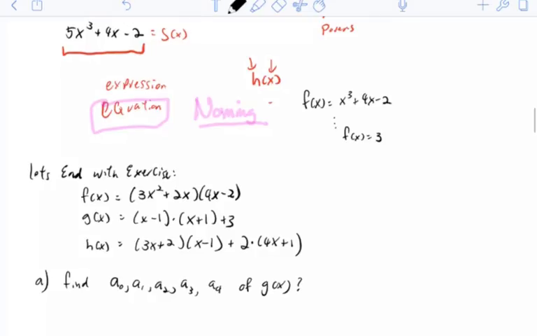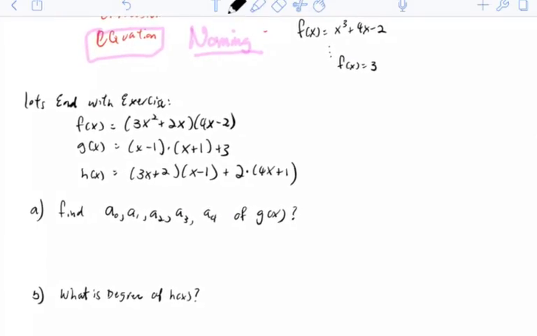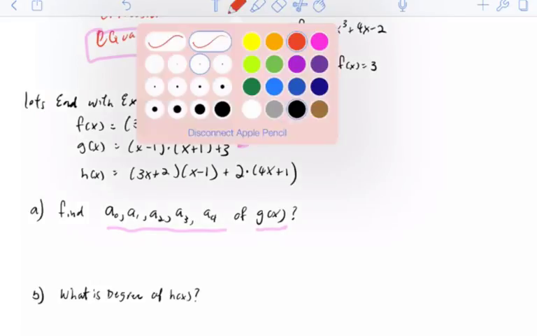So as a demonstration and an exercise, let's try this. Here are 3 polynomials. I've given them all names, and I say, hey, let's do things with these polynomials. Find a0, a1, a2, a3, a4 for this polynomial. Which one is that? It's that one there. Well, a1, a2, a3, a4, those are coefficients, but usually when we use them in polynomials, we're referring to one that's been completely expanded. That one hasn't been expanded, so I first need to expand it.